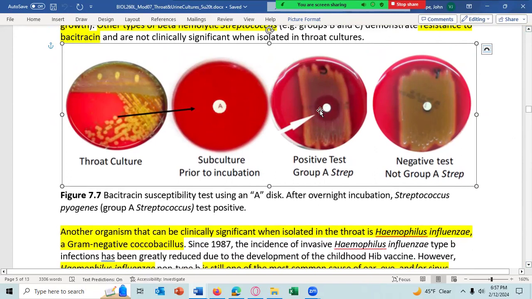If you have a zone of inhibition that's a specific size, that means that this is caused by Streptococcus pyogenes or group A strep. This bacteria is sensitive to bacitracin, and the other members of Streptococcus, as well as other beta hemolytic bacteria, are not sensitive to bacitracin, and this is not Streptococcus pyogenes.